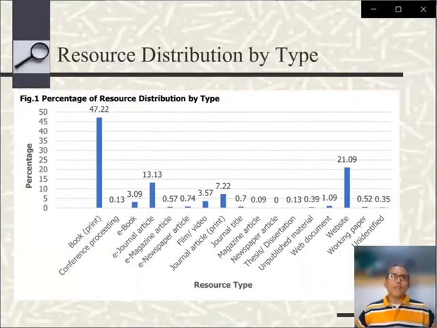Okay, on your screen is the result for resource distribution by type. A total of 2,300 resources were listed from the collected syllabi. From this total, print books, website, and journal article were the top three most common resource types used.